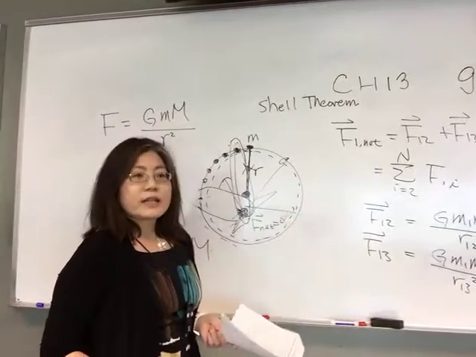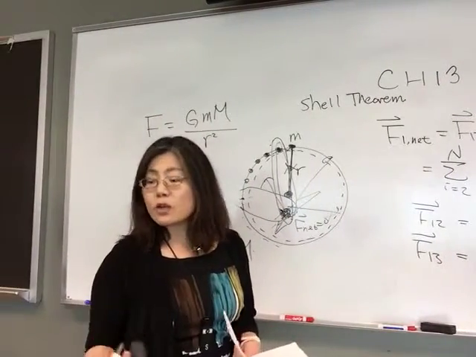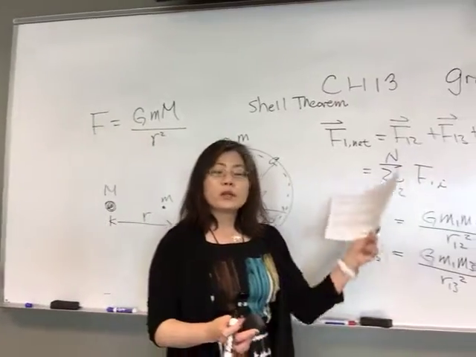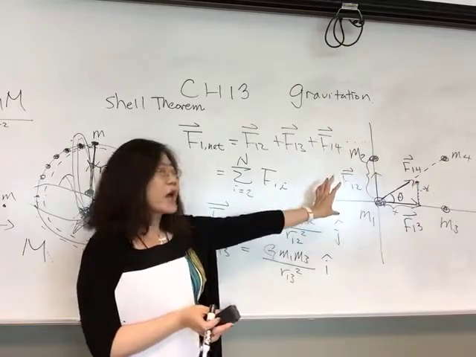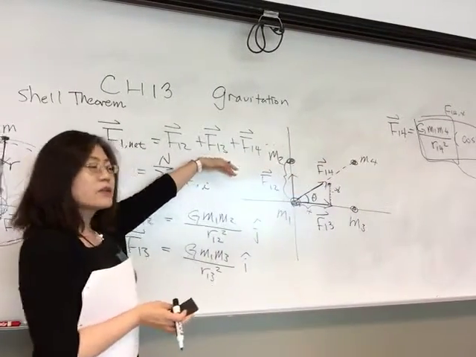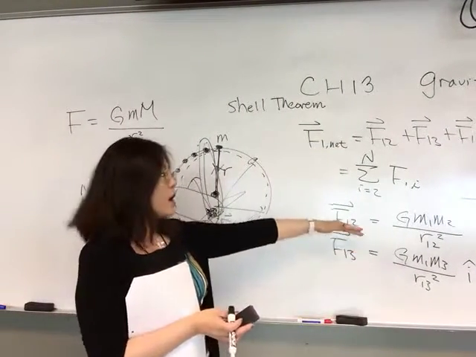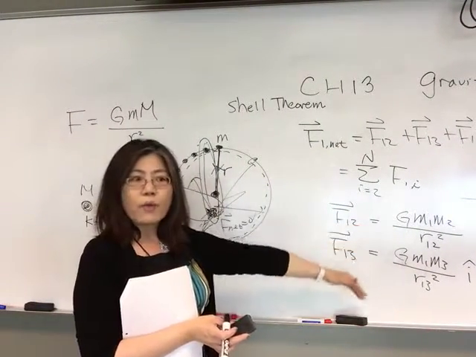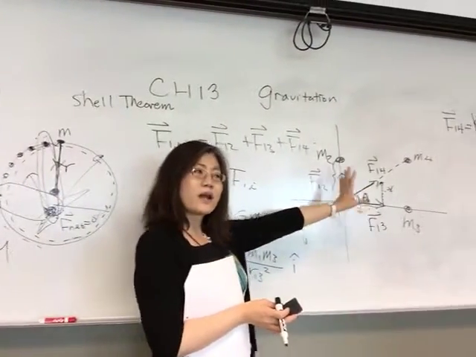Now, you're going to encounter this when you have a bunch of particles interacting with each other. How do you find the net force on a particular particle? First of all, draw it on the x and y plane to see how many forces are acting on the particle, and do a vector sum. After you lay that out, you have to figure out each individual expression: F12, F13, and F14, and then some of the vectors need to be resolved into x and y components.